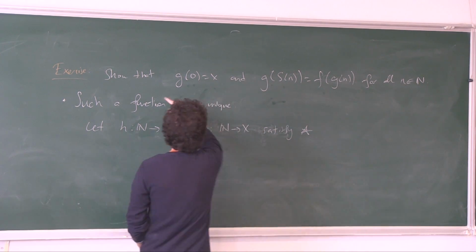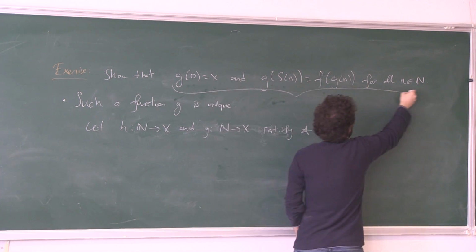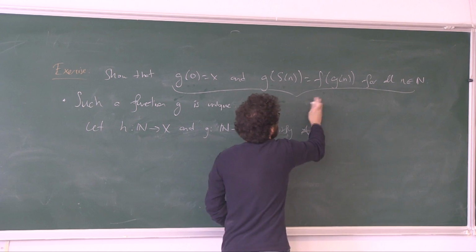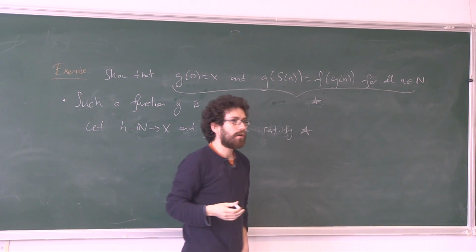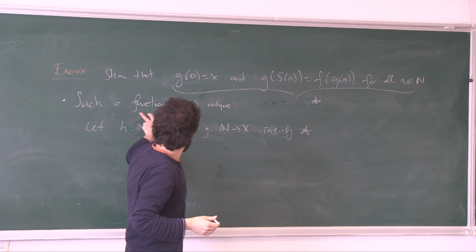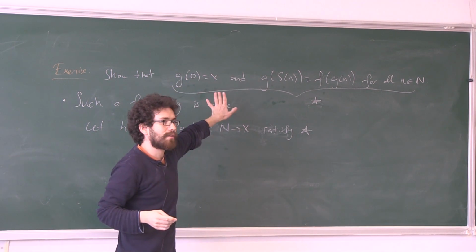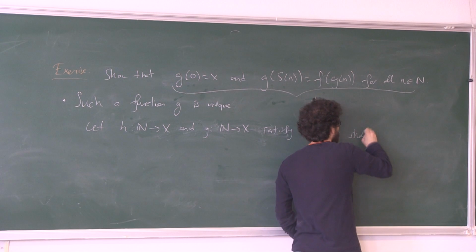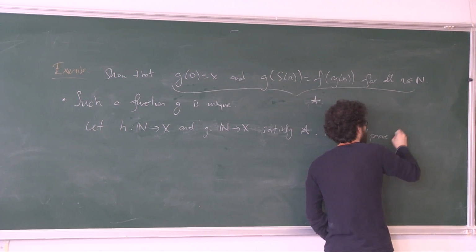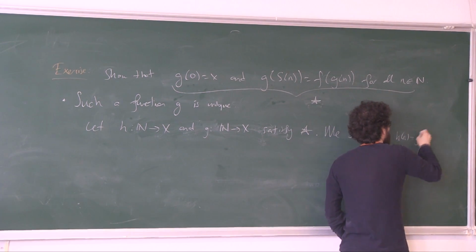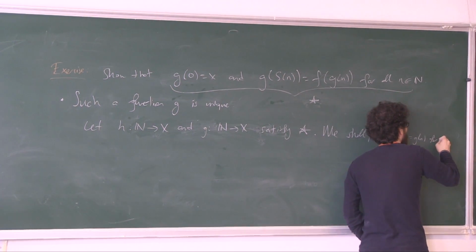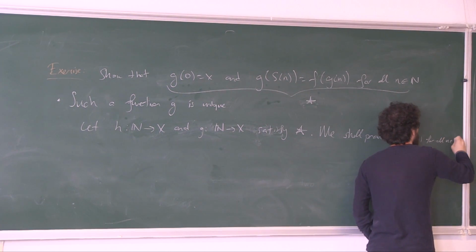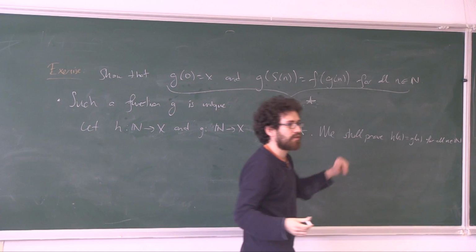What is star? Star is this property, okay? I'm calling those two properties, which is in the statement of the theorem, star. Let h and g be functions satisfying this. We shall prove h of n equals g of n for all little n in n, so that these functions are the same.